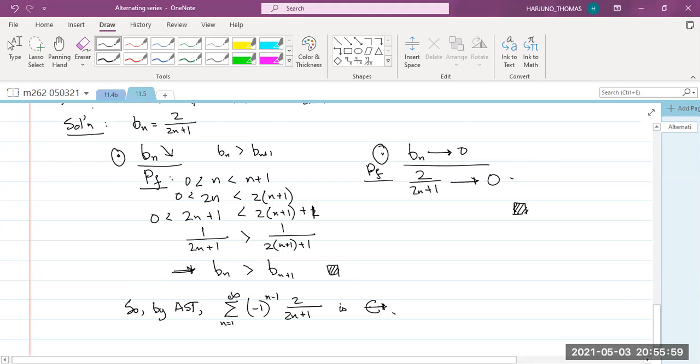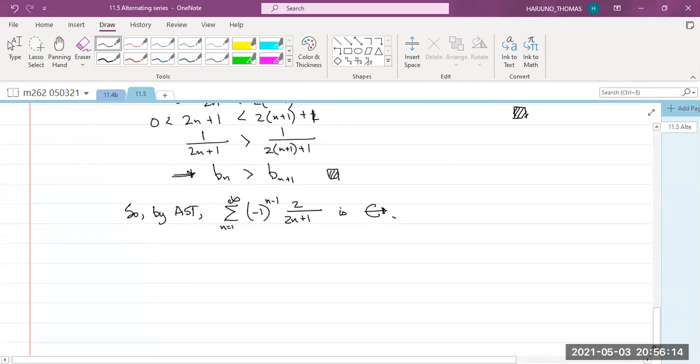You just need to show that the positive part of the sequence is decreasing down to 0. That's all you need to show. That's for number 2.